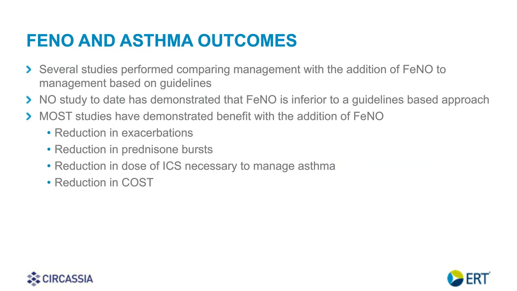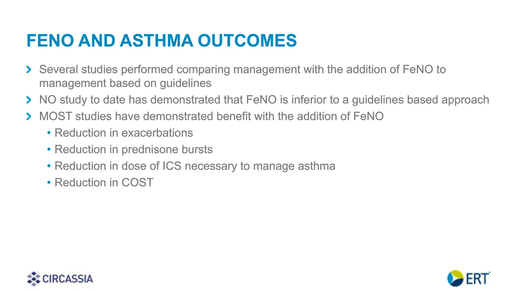So how can FeNO be used with asthma outcomes? Well, you can use FeNO, comparing management with FeNO versus other types of therapy based on the guidelines to show differences. You can see also that if you look at the data, no study to date has demonstrated that FeNO is inferior to a guideline-based approach.